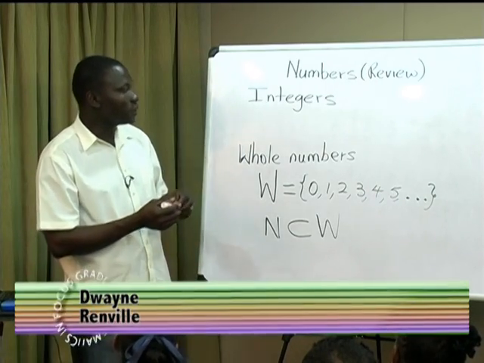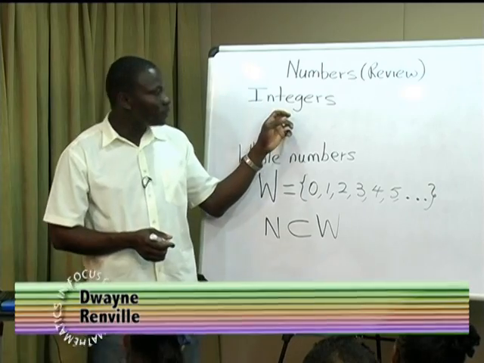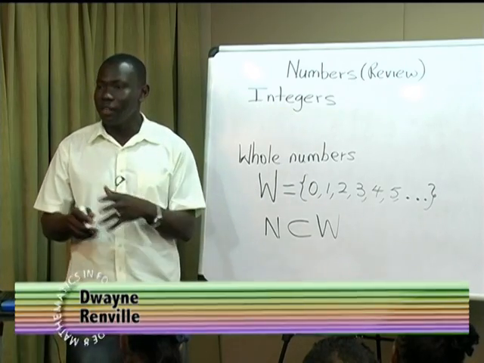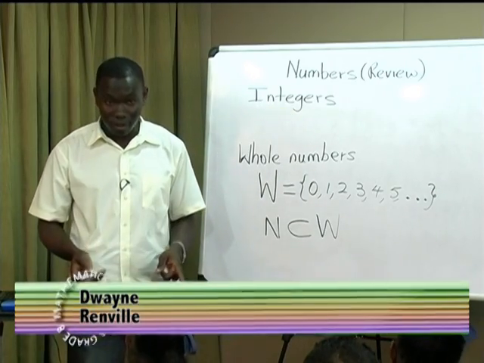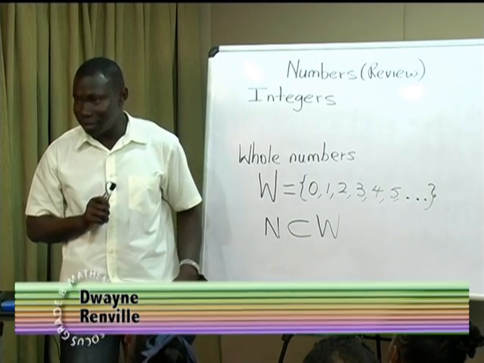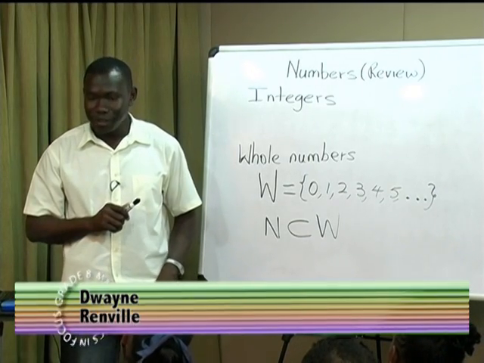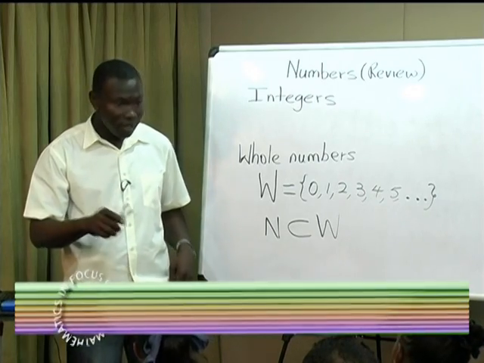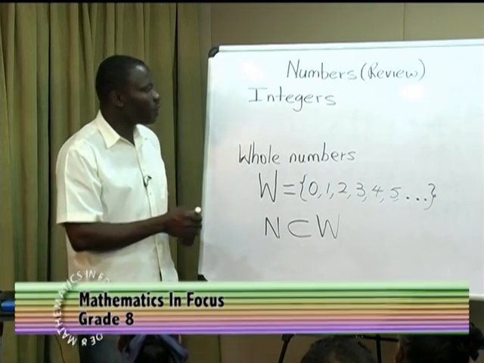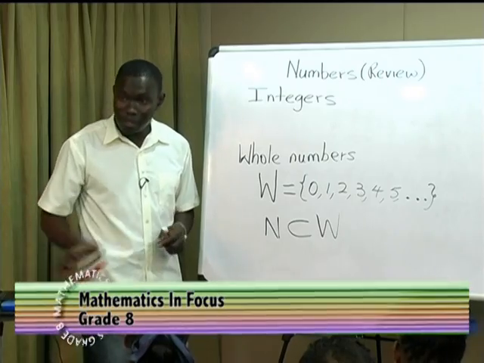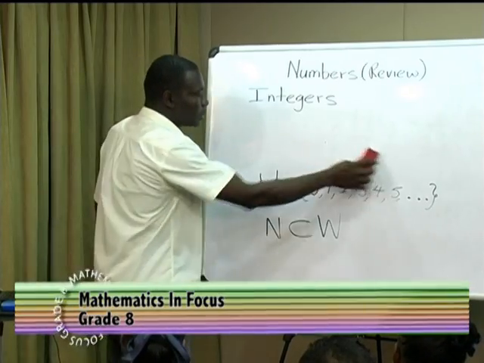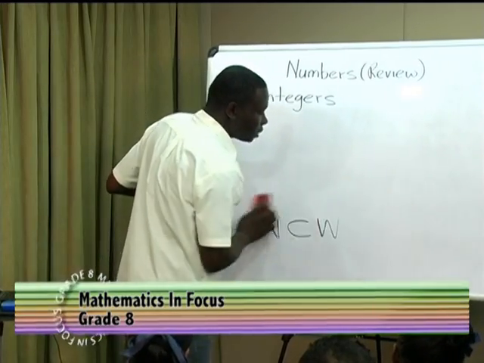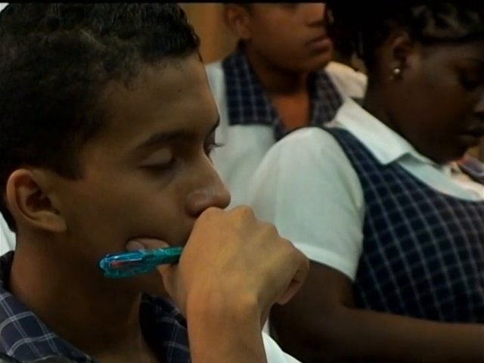Integers refer to the set of negative and positive natural numbers together with another number, the number 0.